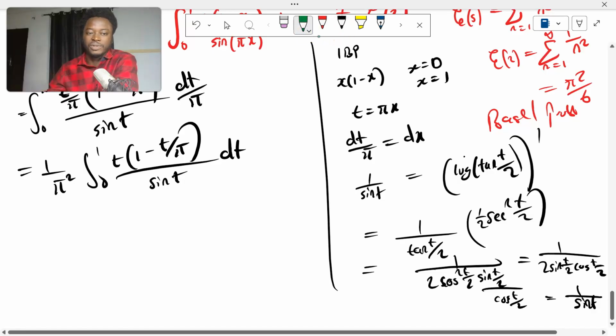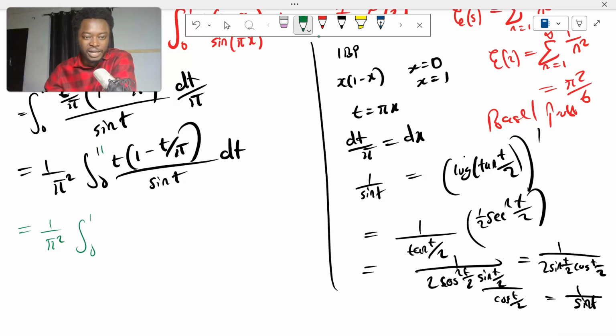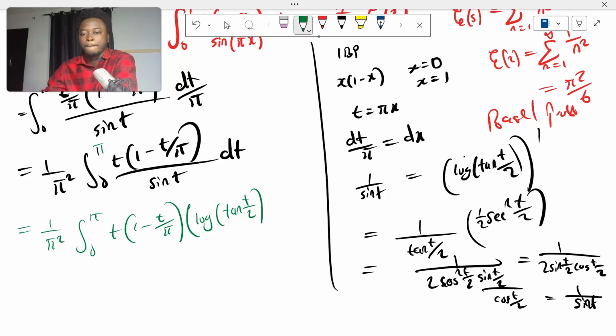So let's compute it. This would be equal to 1 over pi squared times the integral from 0 to, sorry, this is pi rather, 0 to pi of t(1 minus t over pi), then you will have the derivative of the logarithm of tan of t over 2, then dt.